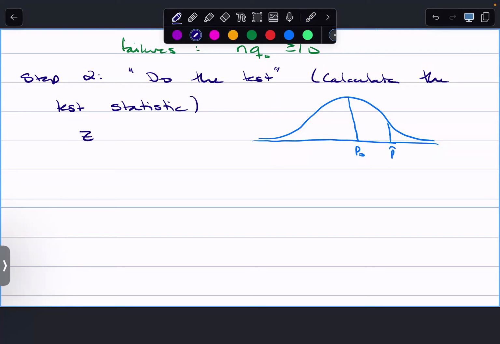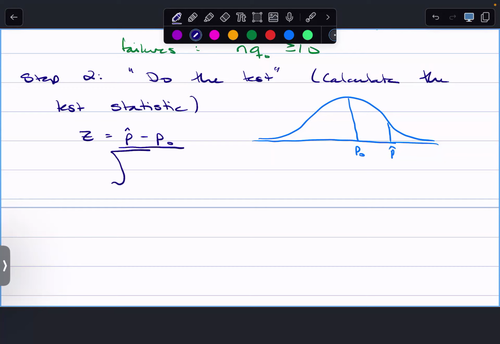So how can we do that? Well, we can calculate a Z, which is P hat minus P naught. Take that distance, but then we need to figure out that distance in terms of the standard error. Now, the standard error used to be the square root of P hat Q hat over N, but now, because I have a hypothesized population proportion, we're going to use that instead.